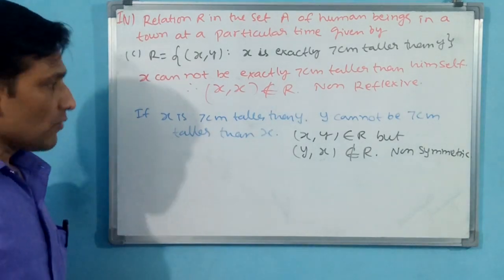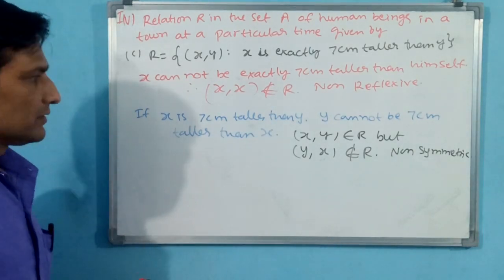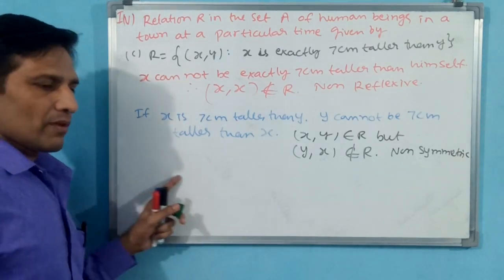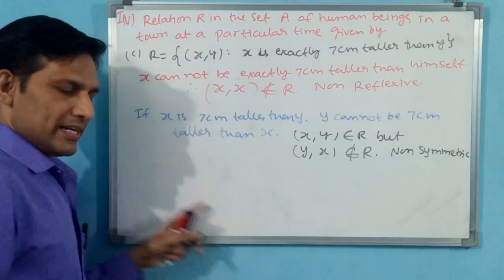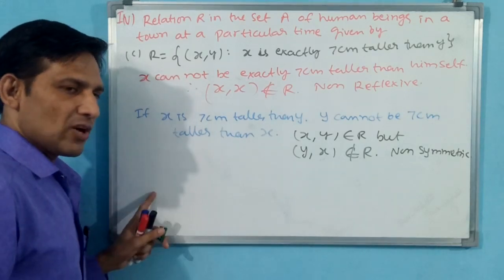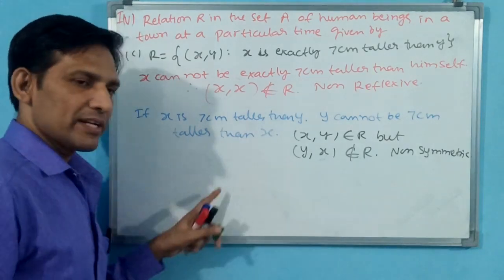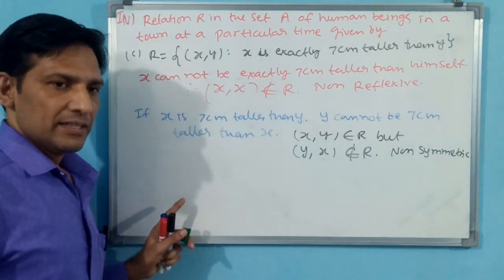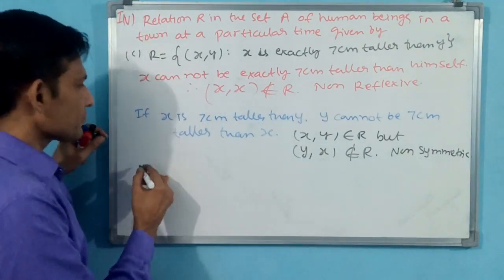Okay. Now we write the third one, transitive. You see, X, Y, Z you have taken. X is 7 centimeter taller than Y. Y is 7 centimeter taller than Z. But X is 14 centimeter taller than Z. That also we will write.